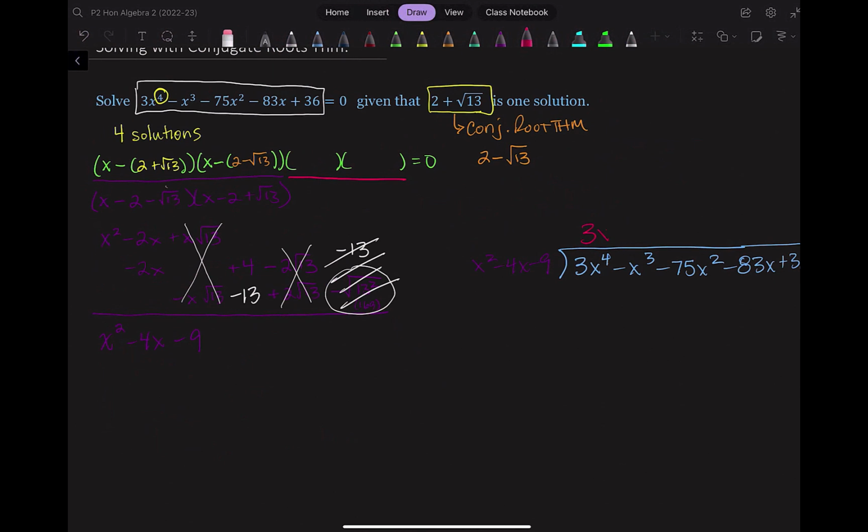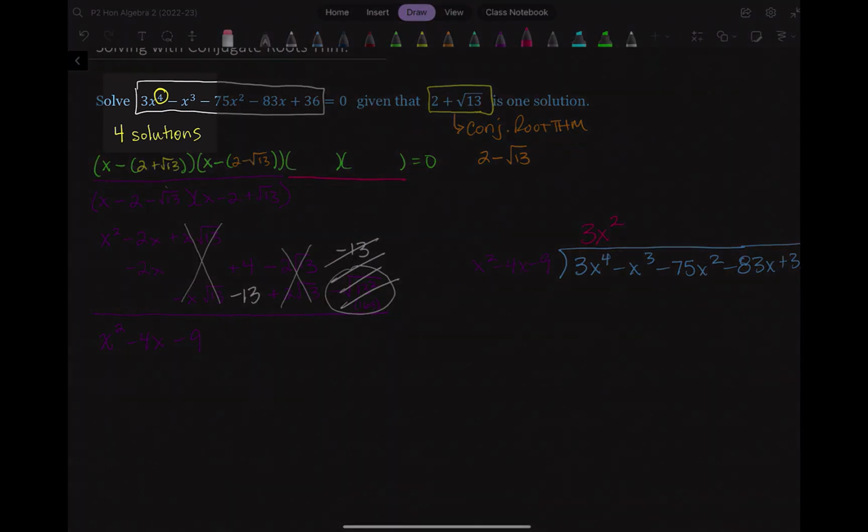Probably going to have, actually, if I'm looking at my first step, a 3x squared in it, but that will be equivalent to these two, and it will contain my last two answers out of the 4 that we're expecting. Remember, we have the 2 plus root 13 given to us. We have the 2 minus root 13 that we got like really, really quick using the conjugate root theorem.